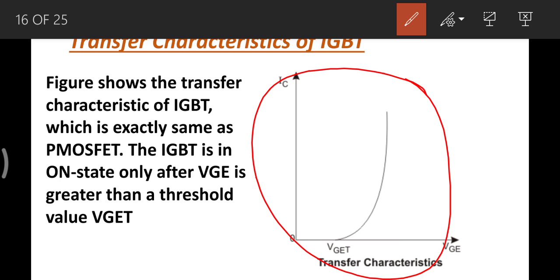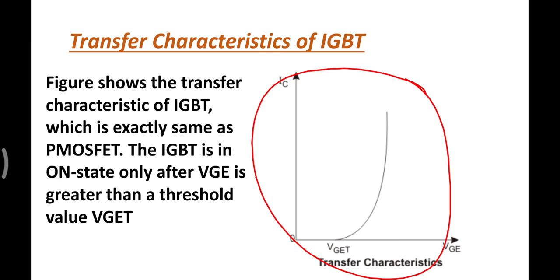So we have to remember these two things. The VI characteristics of the IGBT are similar to the BJT VI characteristics, and the transfer characteristics of the IGBT are similar to the power MOSFET. Why are we getting these relations?